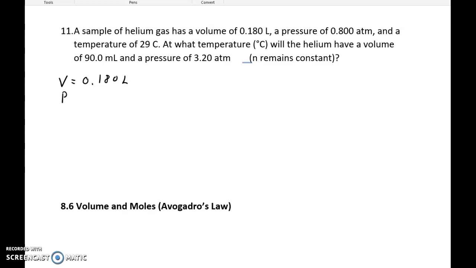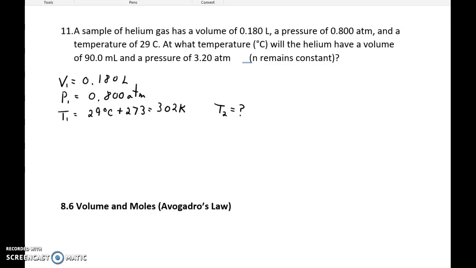We have a pressure of 0.800 atmospheres and a temperature of 29 degrees C. We're going to add the 273 to it, as we do for all of our problems, and we get 302 Kelvin. Okay, at what temperature? So we don't know what our secondary temperature is going to be, that's what we're trying to find out.